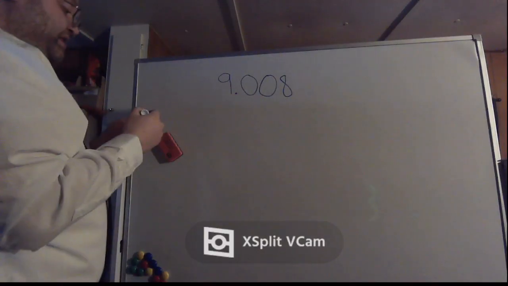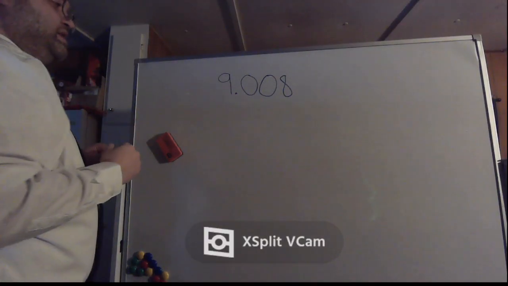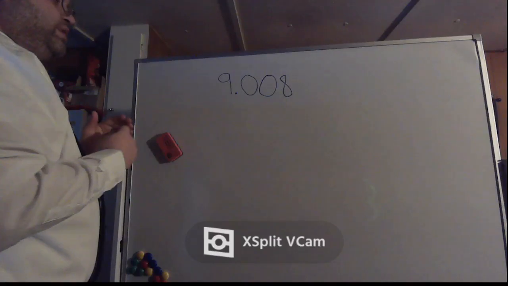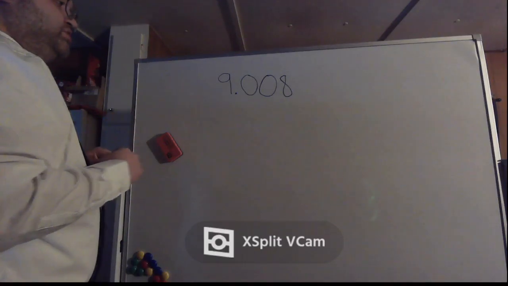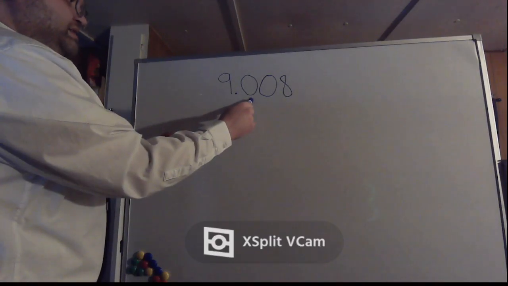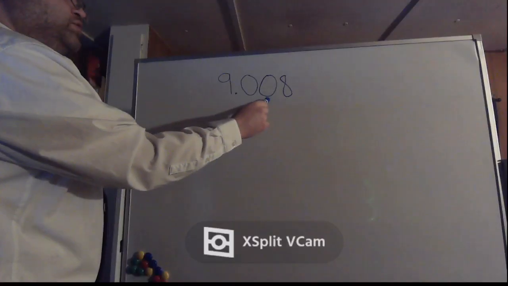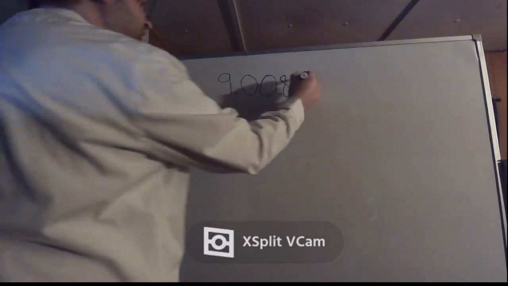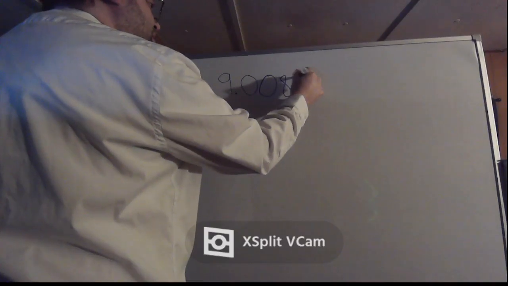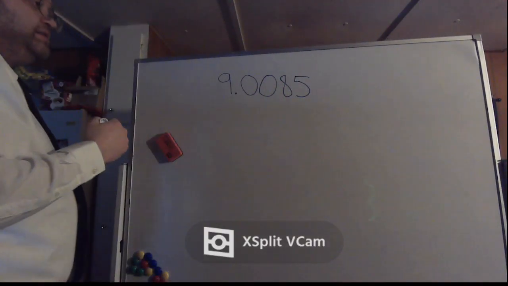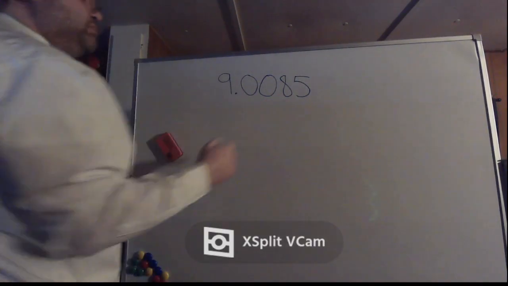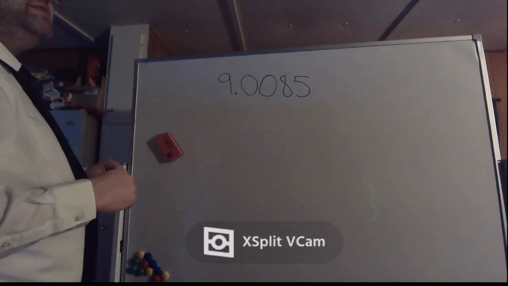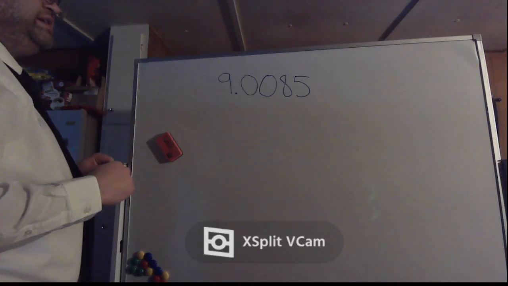That'd be 9 and 8 thousandths. So really, when you're reading a decimal, you just have to know your place values: tenths, hundredths, thousandths. I could keep going. Let's put a 5 next to the 8. You have 5 in the ten-thousandths place, so you'll have 9 and 85 ten-thousandths is how you would read that.